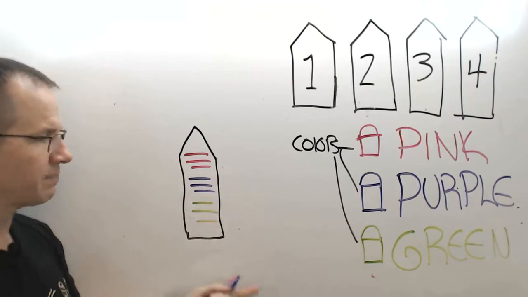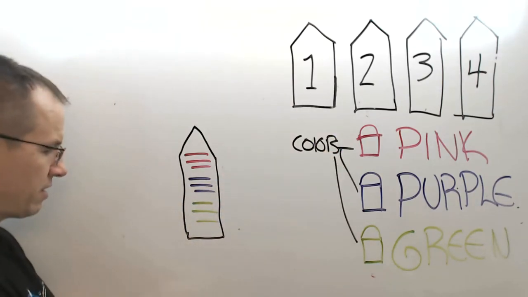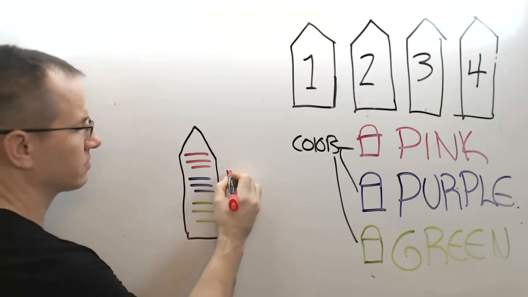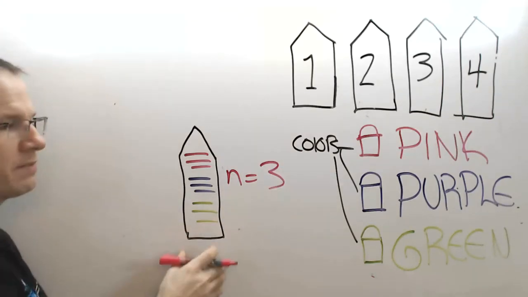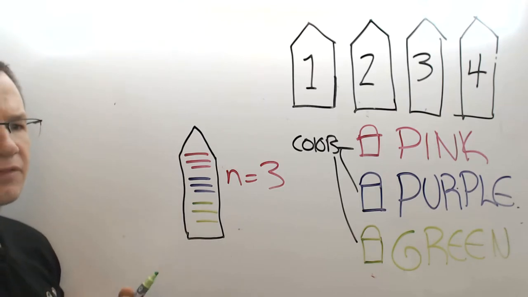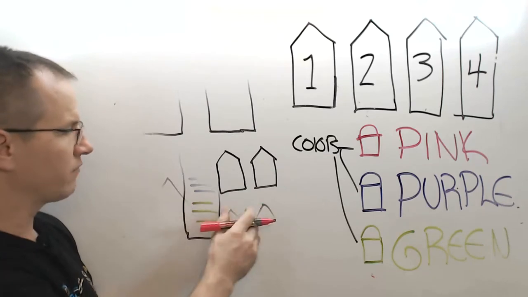So I have the option to paint it whatever colors are in my bucket. So here, my equation, the number of ways to paint would equal the number of colors. In this case, for one picket, we would be able to paint that picket in 3 different ways. And so that would be our starting point for this.